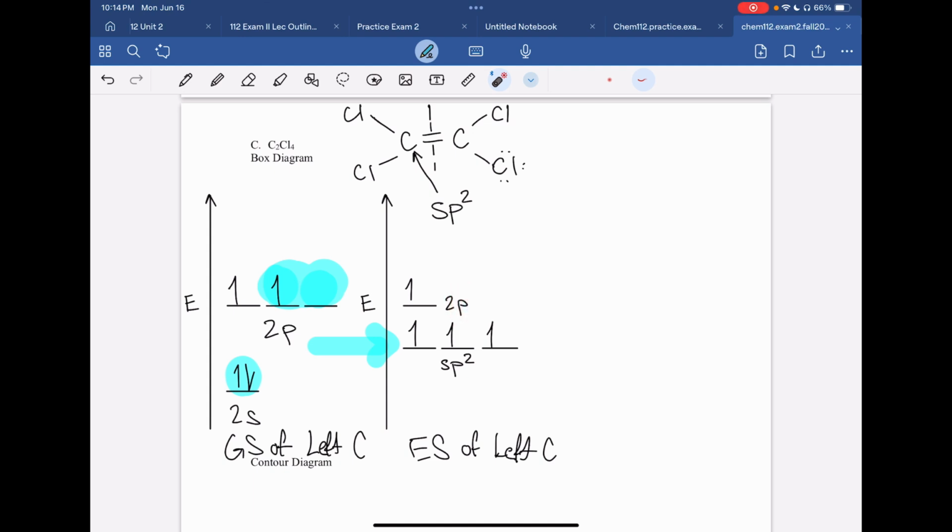So if you do not have an electron in the p orbital, this is your pi bond. If you're saying your pi bond that gets shared is in the sp2 orbital, you're wrong. That doesn't work like that.